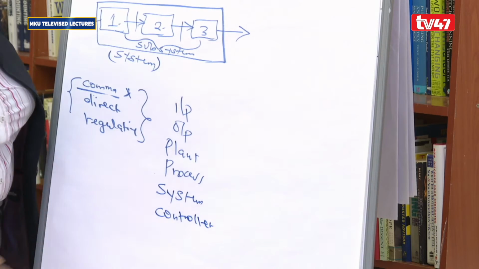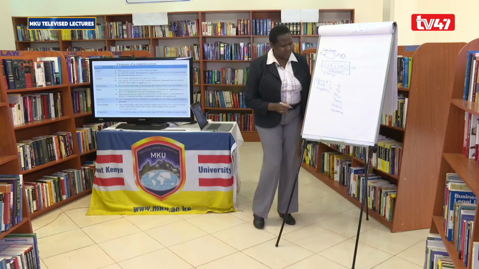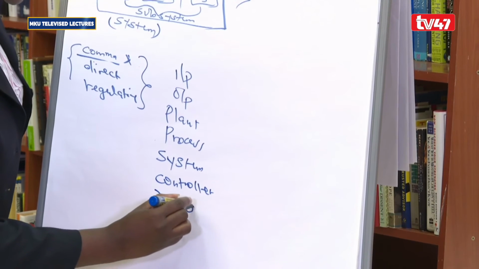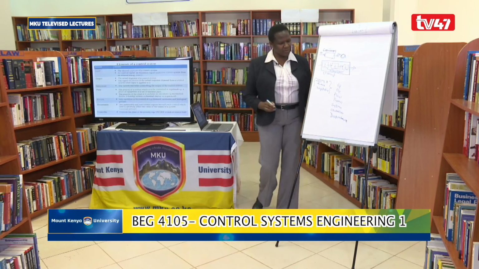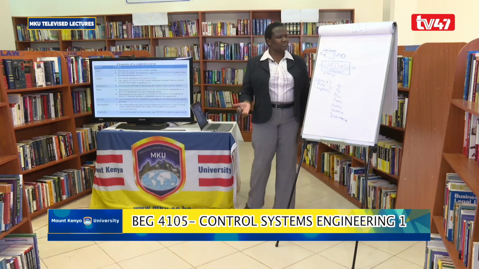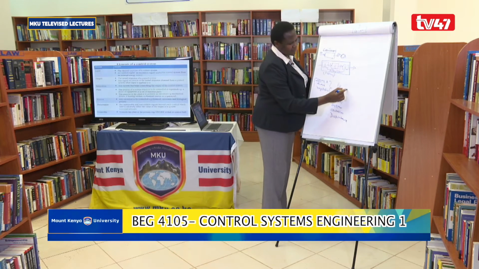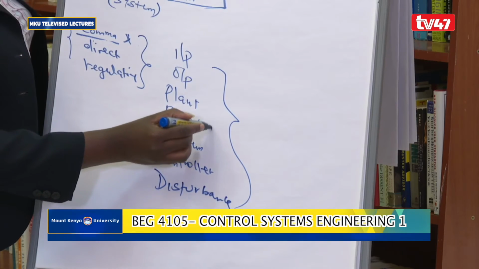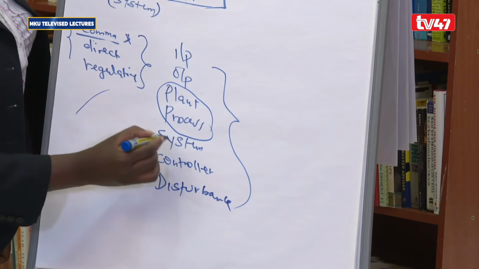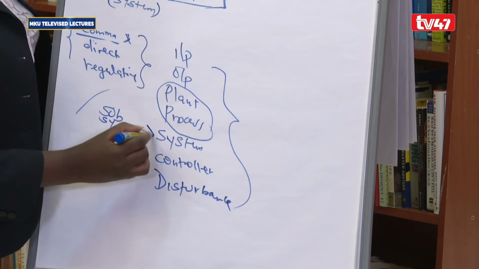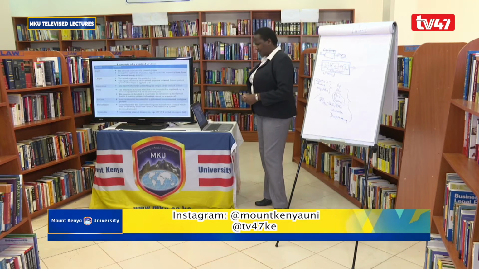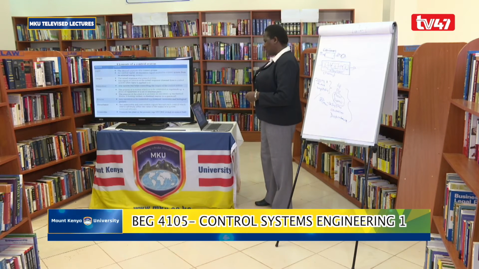We can also have a disturbance, because in each and every environment there must be a disturbance. We call it noise. Depending on whatever system you are working on, it can have all these put together. It can also have subsystems to give systems, or it can have just one. Whatever we are trying to explain is how the input, output, subsystem, plant, and process function.